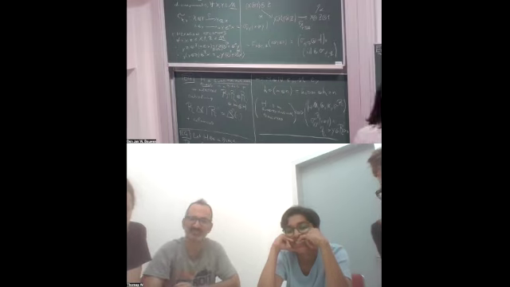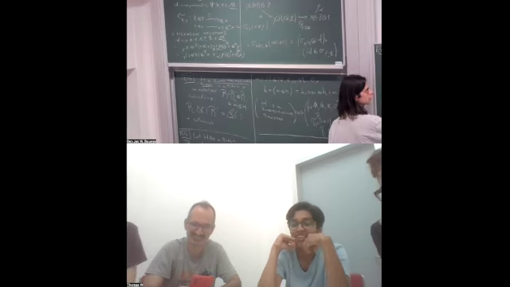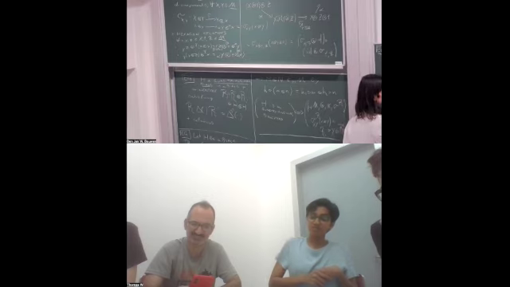And so what do I mean? That for every object V in that category, I have an action of H onto V.